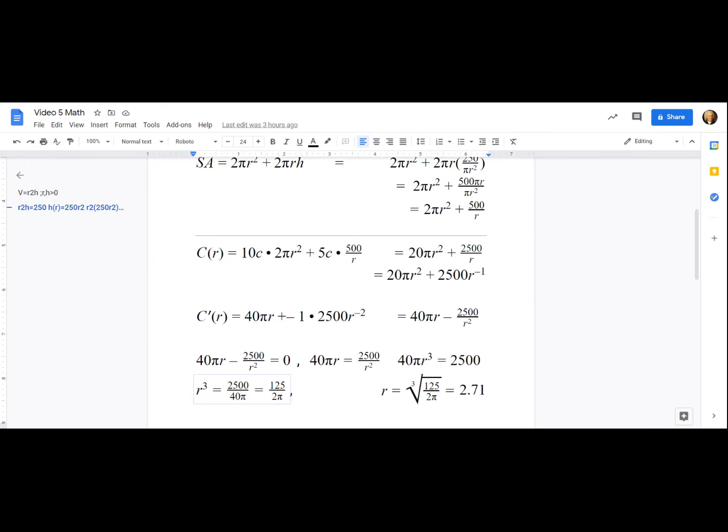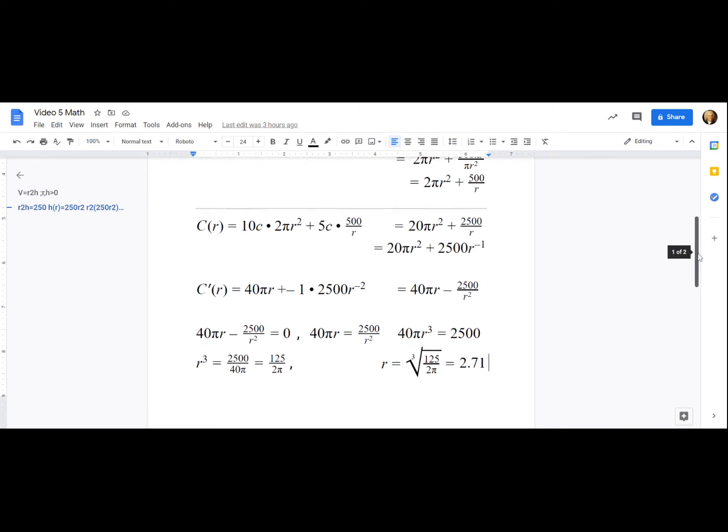And since it's r cubed, we can take the cubic root of 125 over 2 pi. Functions that have a term that has an exponent of an odd number will always have one solution to it. So r equals the cubic root of 125 over 2 pi, or approximately 2.71. So that is our critical value.